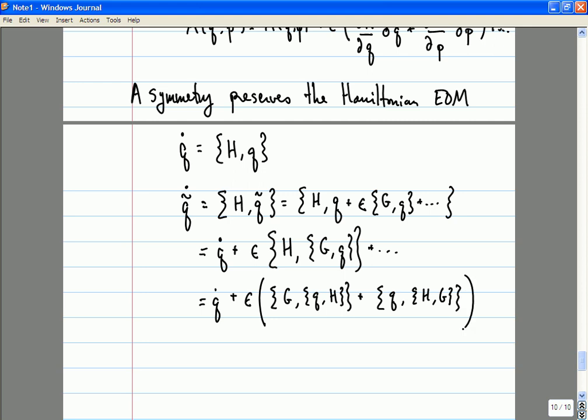And what is this first term here? Remember, G is the generator of canonical transformations. So this is the variation of q dot under the canonical transformation.